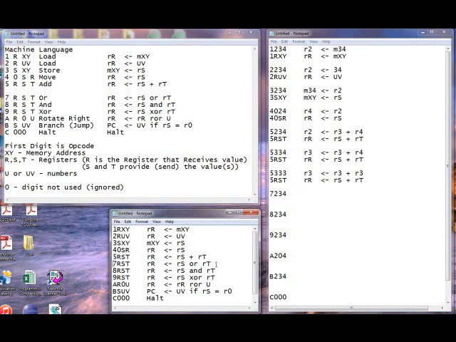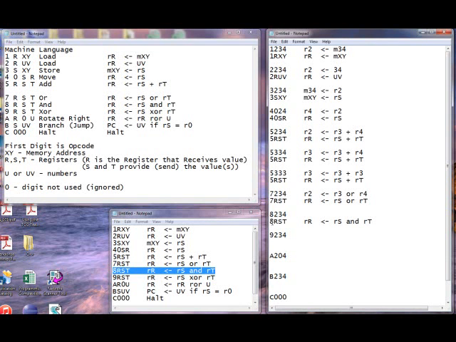It's just that we're using a different operation. So we'll write it this way. In this case, register 2 is receiving the value of register 3 or register 4. So we're doing an OR operation there instead of an ADD operation. The next one is doing an AND operation.